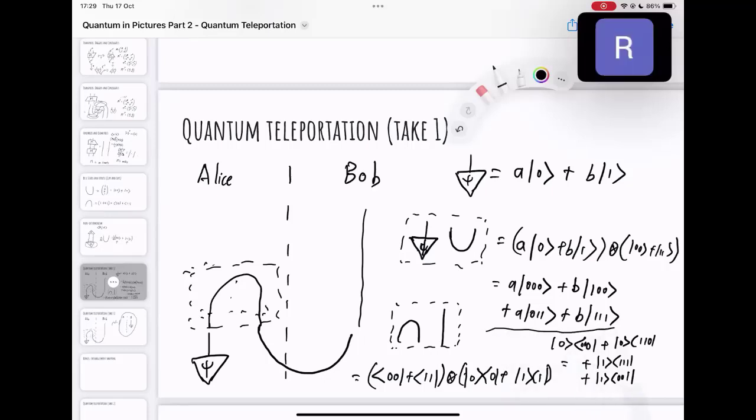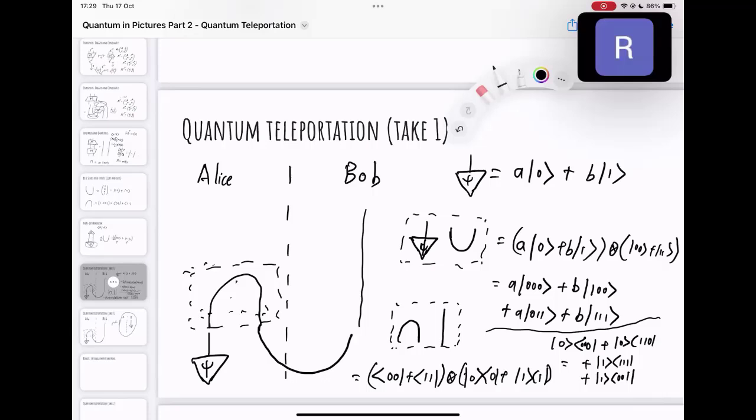With the second bracket that we have, ket 0, bra 0, will that be a unitary? Yes, this would be a unitary, because this is the identity operation.